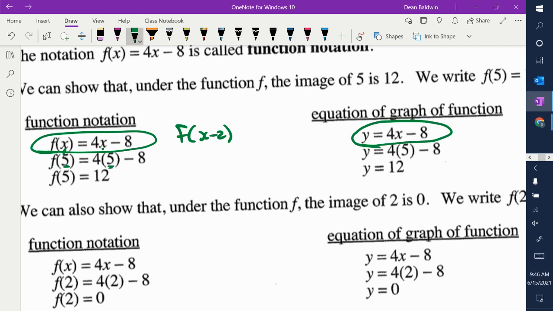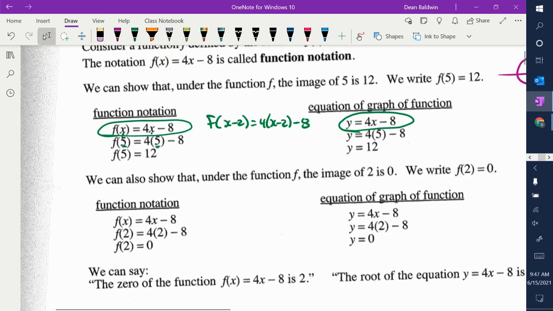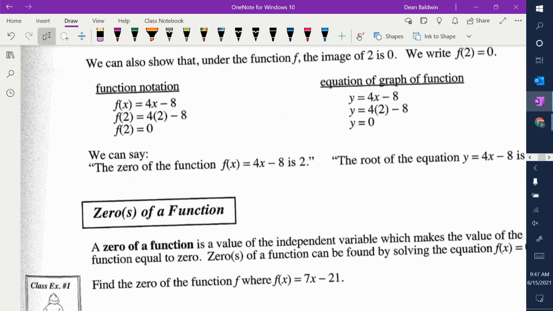It goes right in there, so you would end up with 4 times x minus 2 minus 8. Whatever's in those brackets gets put in for x, okay? All right, that's my spew on functional notation, because you're going to see a lot of the notation. All you really need to remember is it's the same as y, okay?